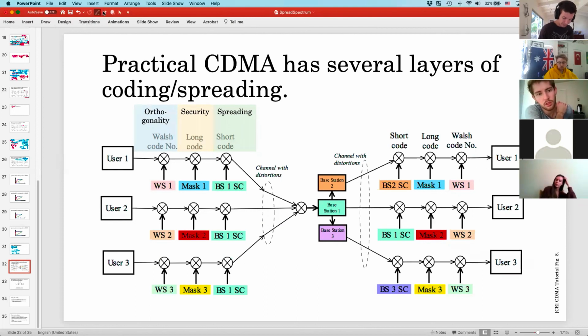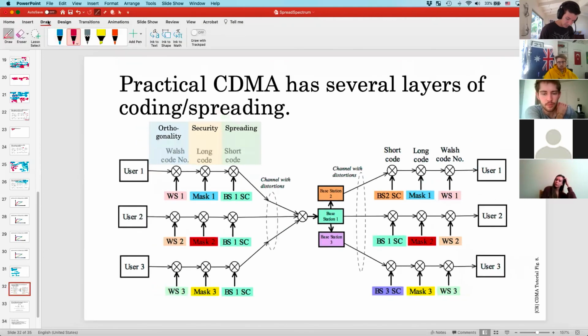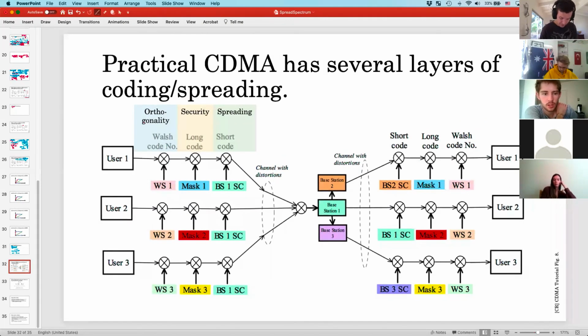So the first was to accomplish orthogonality. And so this was done by what's called a Walsh code. And again, these are all plus minus ones being multiplied in different orders and with different correlations. But the idea is that every user in the channel uses a different Walsh code, and that's to ensure that when you're despreading them, everyone is orthogonal, right? So if I multiply Walsh code 2 by Walsh code 1, I'll get 0.